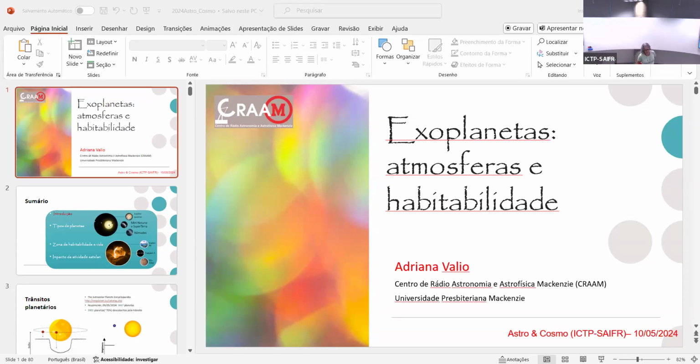Yes, the magnetic field is important to protect the atmosphere. And the stellar levels. What is the assumption? That's the best assumption to cover the atmosphere. Which model did we use? I think no magnetic field.